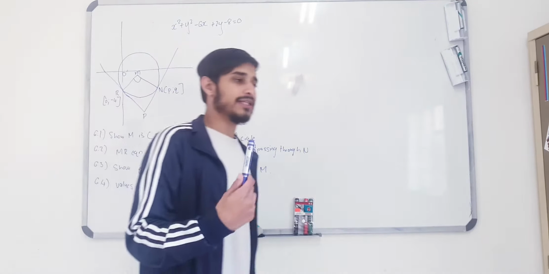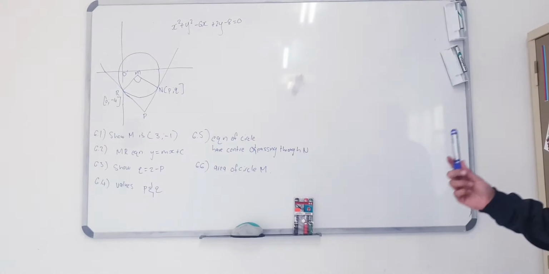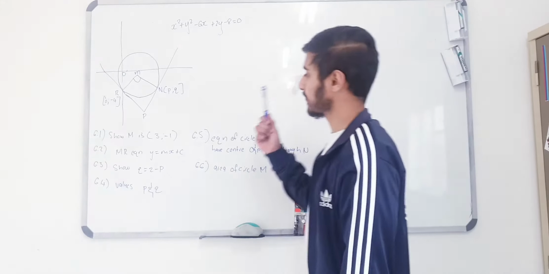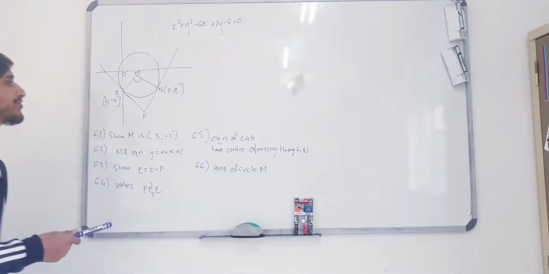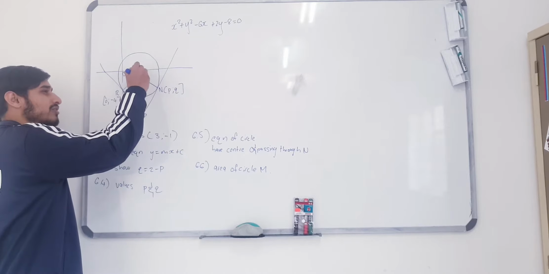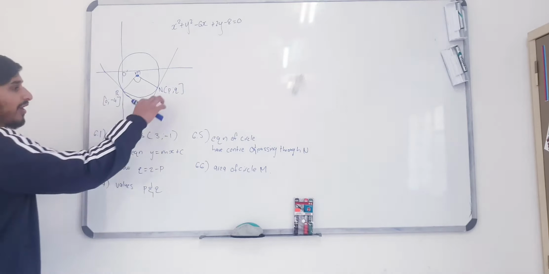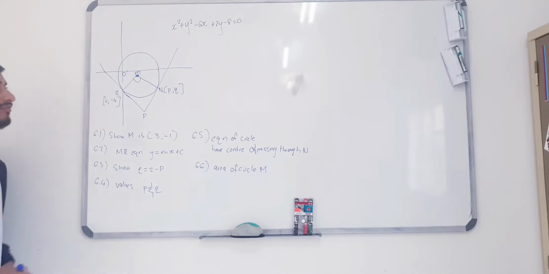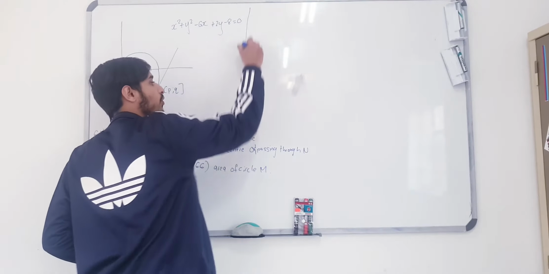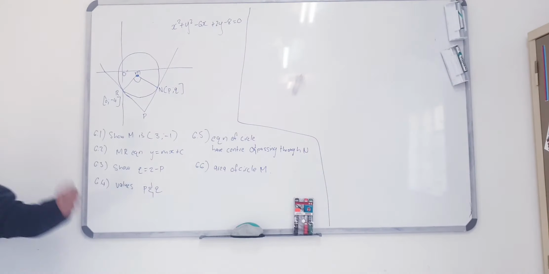Lovely. So, the first thing that we're going to do over here is talk about the specific circle. Here's the circle. You can see that the point M is the center of the circle, and there's the point R and P. Now you can talk about specific things in the circle.